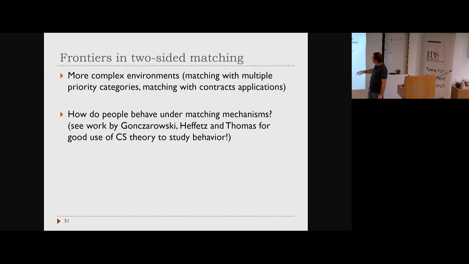And also there are new applications for matching with concepts, which I didn't talk about and I don't have time to talk about, but for example, more complex college admissions, okay? College admissions that have other properties and not just which program you are being assigned. And another frontier is behavioral matching design, which is a very active field of research, and Yanai, who presented here, is working on that.